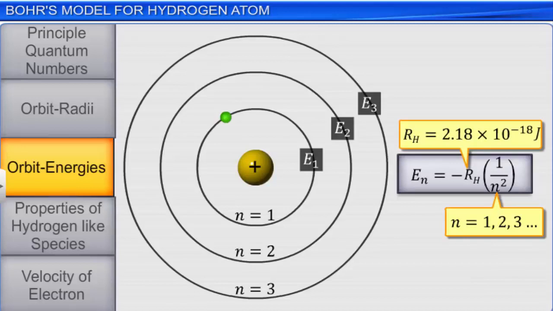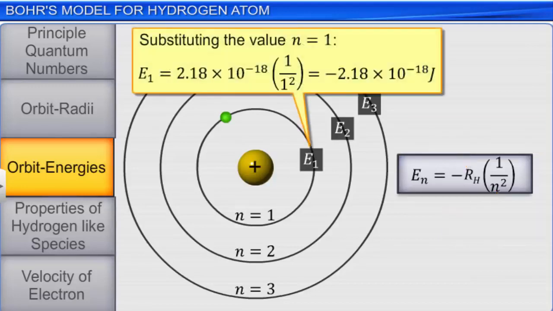Energy of nth orbit of a hydrogen atom in electron volts is equal to minus 13.6 divided by n square. Thus, the energy of the ground state, n is equal to 1, for hydrogen atom is equal to minus 2.18 multiplied by 10 raised to the power minus 18 joules.